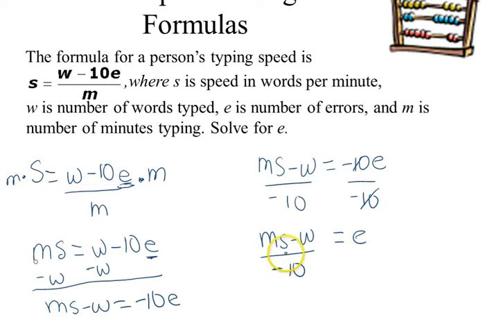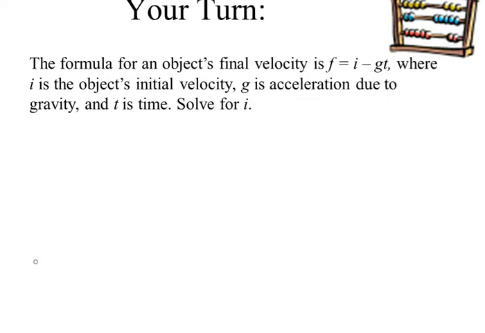Now we can actually rewrite this by putting the negative right here, MS minus W over 10, like that, by putting the negative symbol right in between, at the fraction bar. Alright, it's not that bad. It's just dealing with a lot of letters that can be a little confusing. So go ahead and try this one, pause, and come back and get the answer.